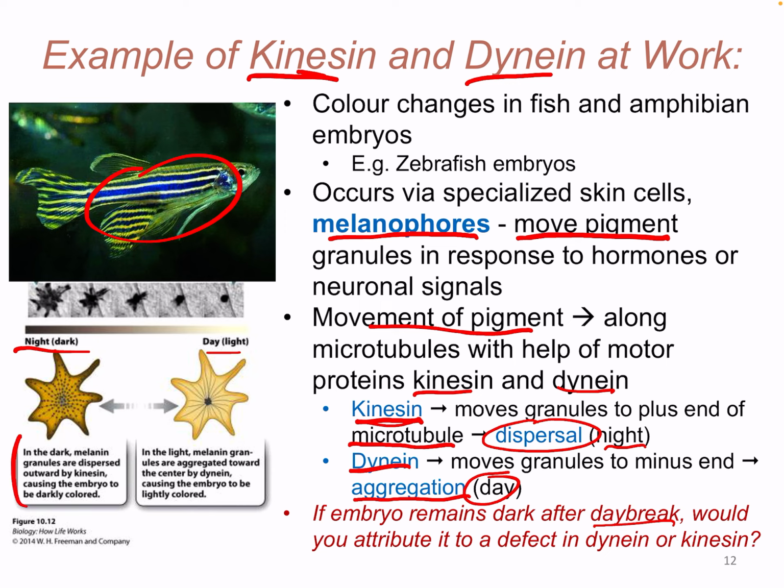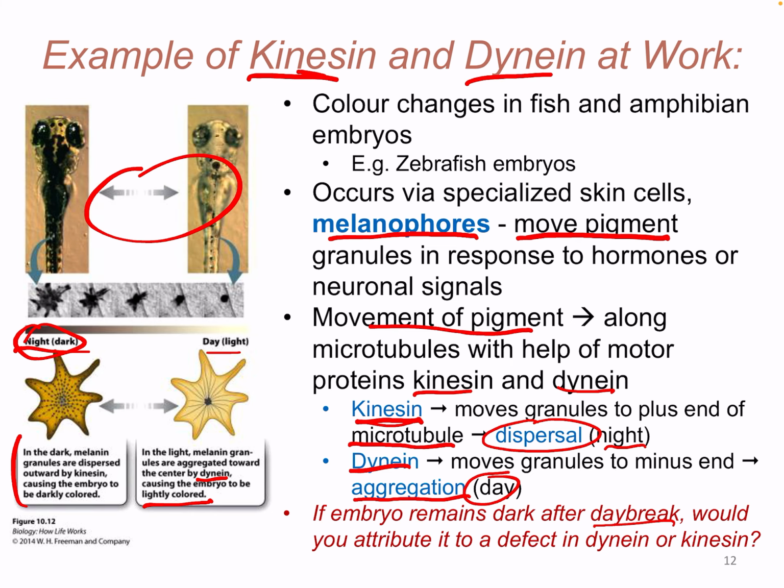So in the dark, melanin granules are dispersed outward by kinesin, causing the embryo to be darkly colored. Then in the light, melanin granules are aggregated toward the center by dynein, causing the embryo to be lightly colored. So it allows it to change color depending on its environment. Here we can see the transition between light and dark.